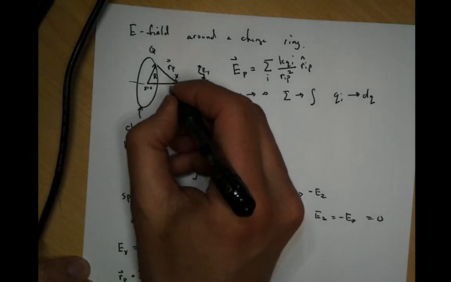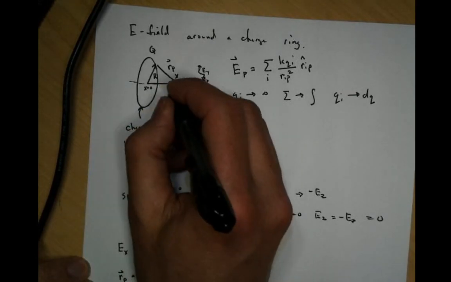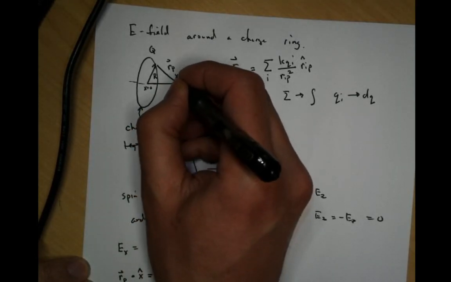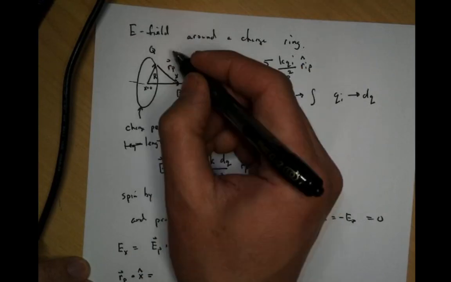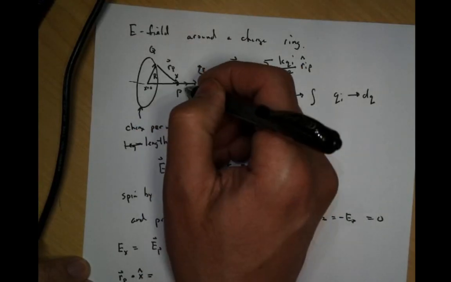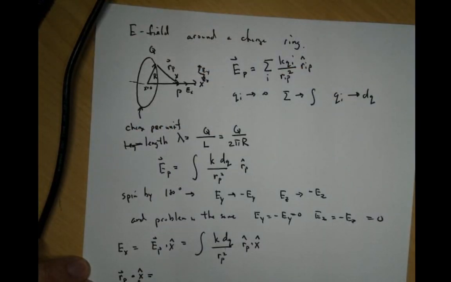Well, the r_P vector is going to be something times x hat plus some garbage in the y hat and z hat direction. But I only care about what's going along x hat, because x hat dot y hat is 0 and x hat dot z hat is 0, right? So the only component that will matter turns out to be just x.